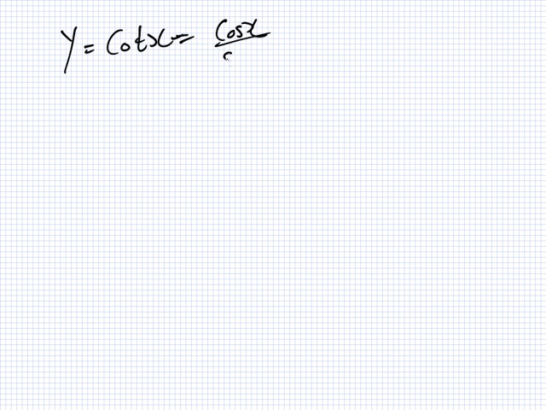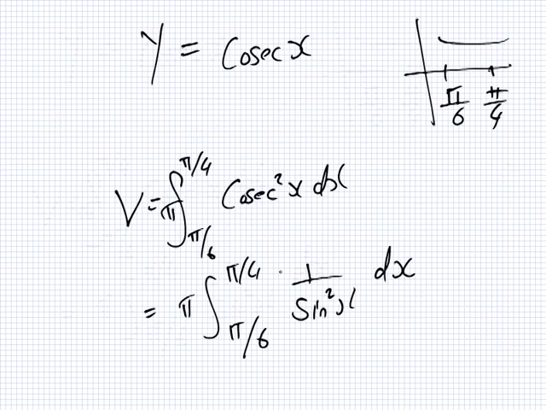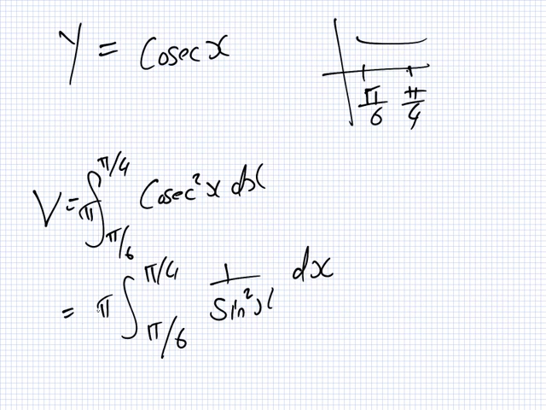So the derivative here is the bottom squared, the bottom times the derivative of the top, minus the top times the derivative of the bottom. Yeah, so that's minus 1 over sine squared. So this will be in the formula book, but as a minus. So to make it a bit easier in my head, I'll put a minus here and a minus here. And this is in the formula book.